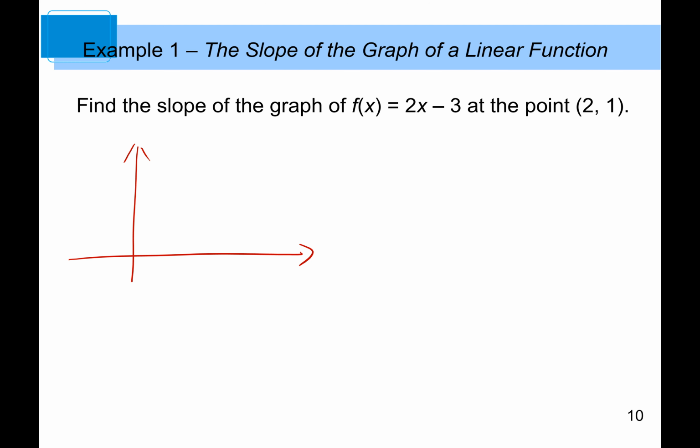The second one, when y equals 0, x equals 1.5, which is 3 over 2, and the point (3/2, 0).